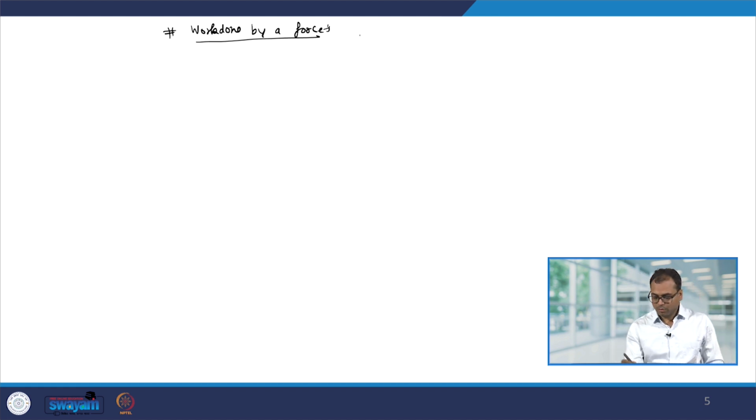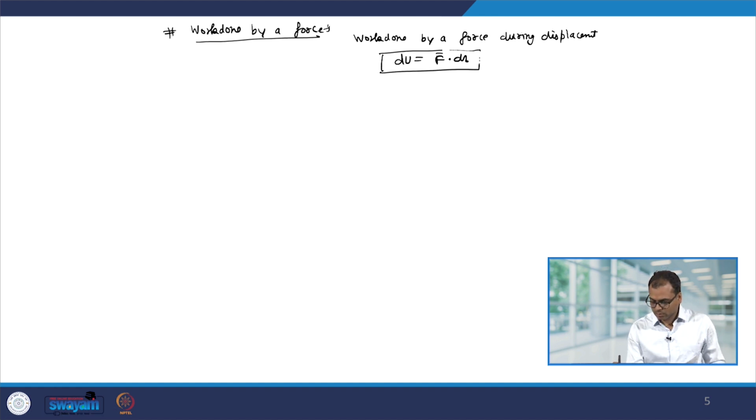So, we know that the work done by a force during displacement is dU equal to F dot dr. Okay. And if you want to calculate the total work, so you integrate this F dot dr and you will get the total work.